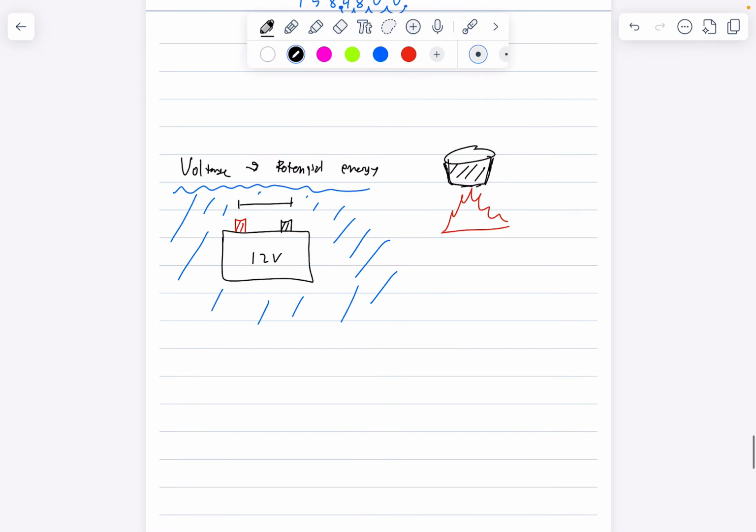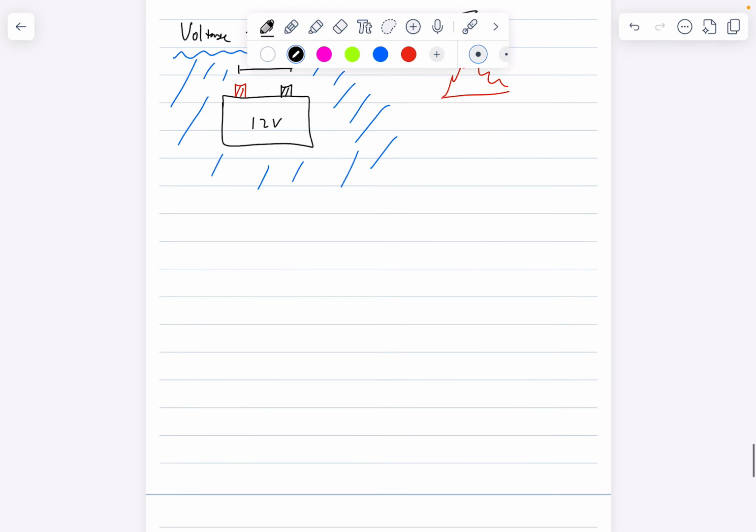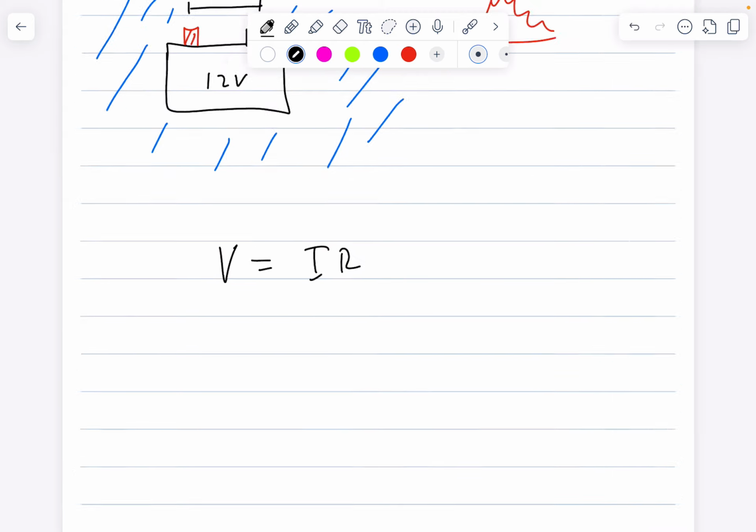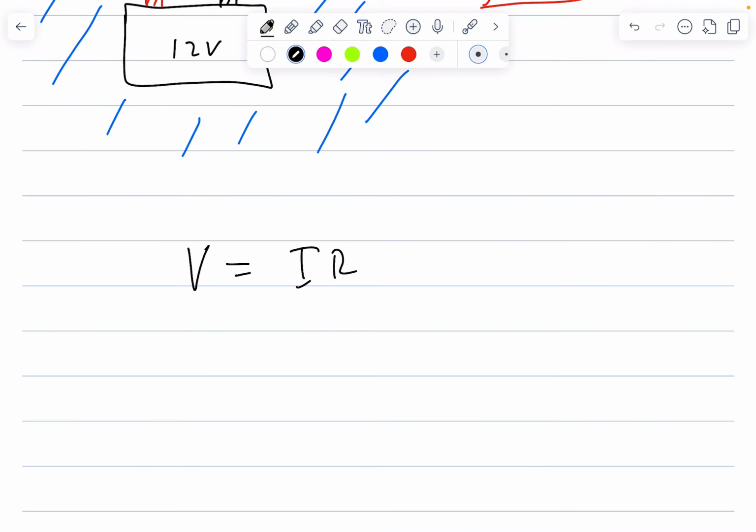So if you remember Ohm's law, V equals IR. So voltage is equal to how much current is flowing, or sorry, how many electrons are flowing through some given resistance, right? Because that's the potential energy needed in order to travel at the rate that electrons do.